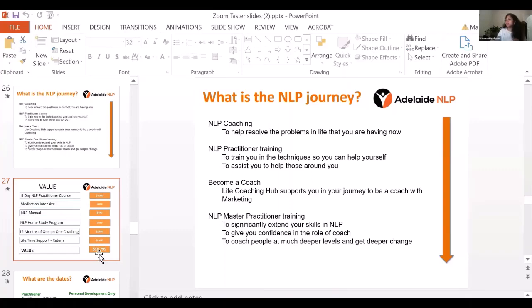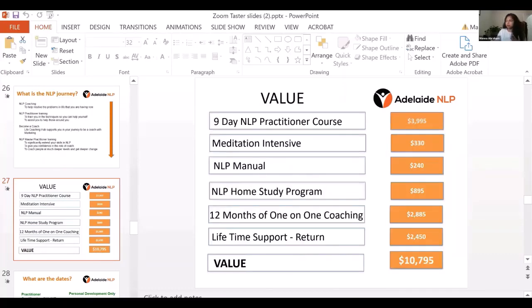Value. Pete is definitely offering a lot of bonuses tonight, but in general, this is the value we offer NLP to everyone else. If it is not an early bird offer, you will see that it's a 9 day NLP practitioner course, starting from the 29th of June. That's about 3,995. Plus, you know that Pete is a monk and an excellent meditation teacher.